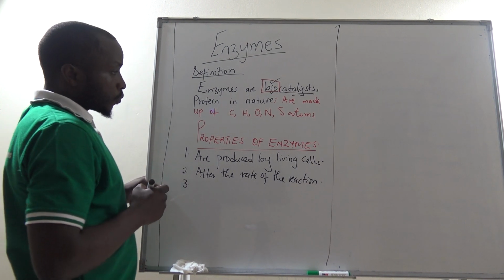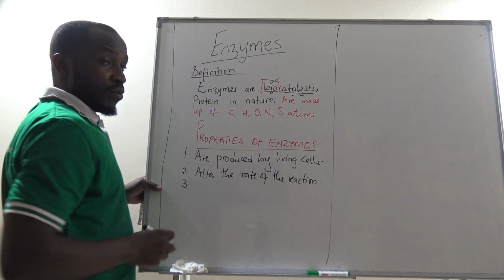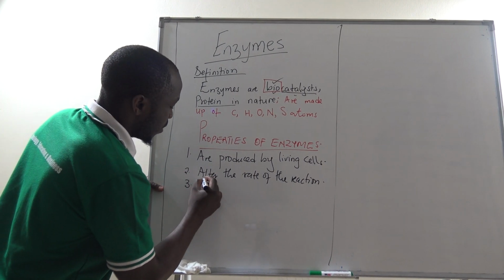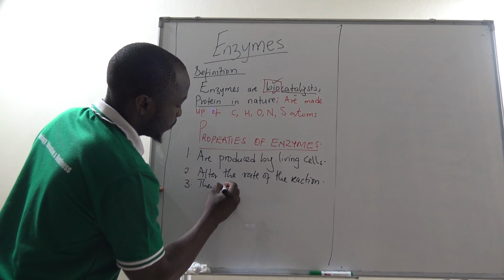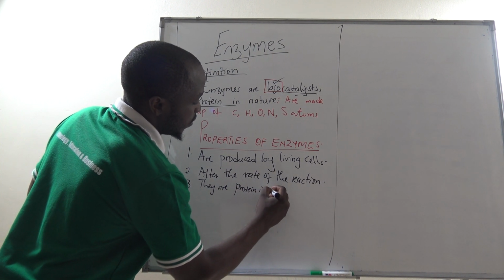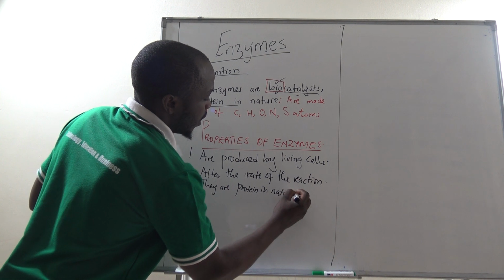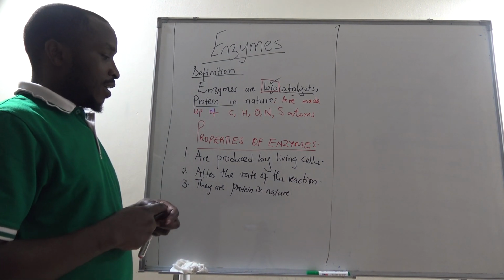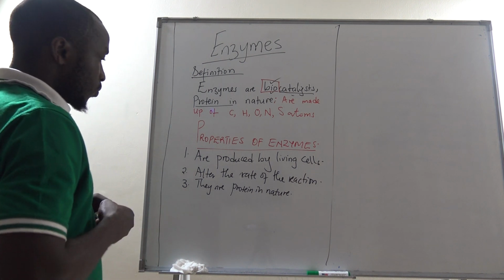Number 3, of course, we can bring the next part of the definition, that they are protein in nature. They are protein in nature. Then the others can come along.